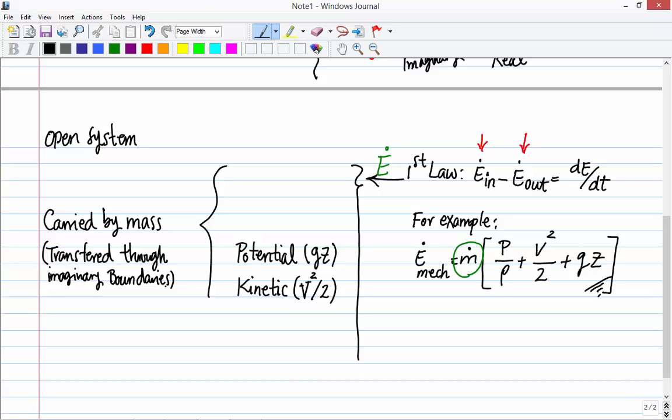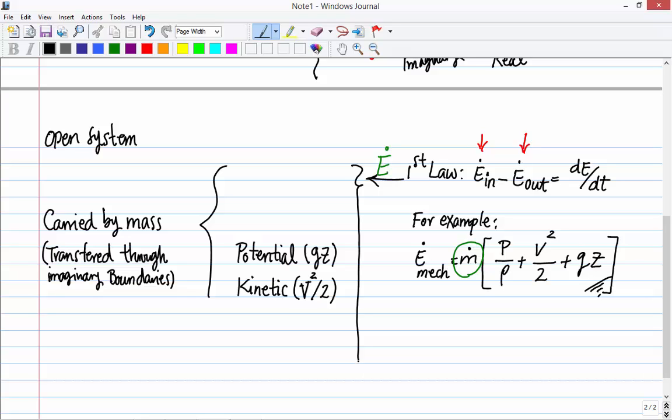So mass is coming in, and mass has potential energy, gz. Mass has kinetic energy. The molecules have velocity, right? So when they come into our system, they carry this momentum with themselves into our system, and likewise they can leave and carry out this energy with themselves.